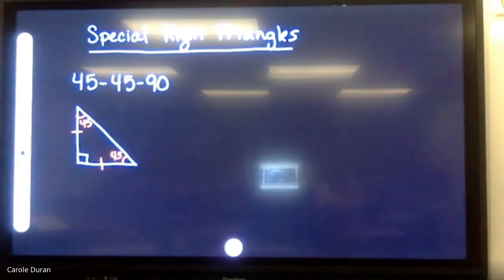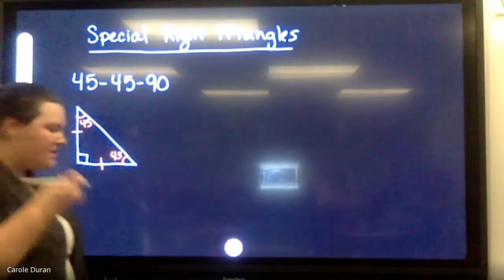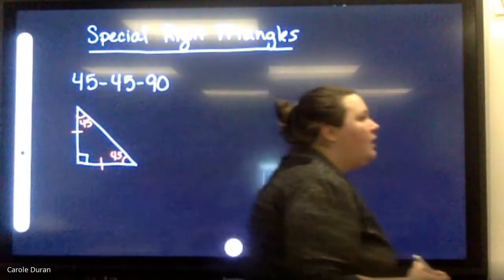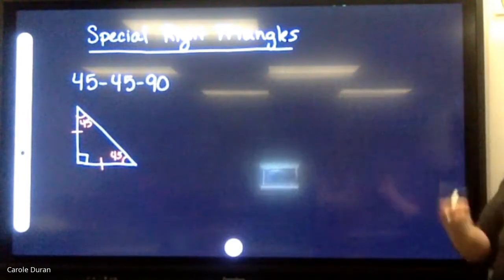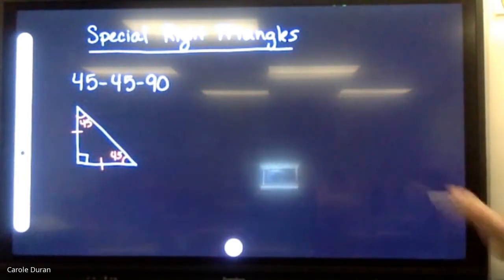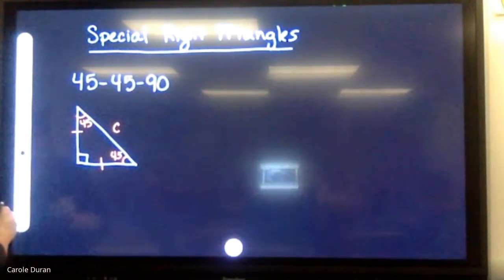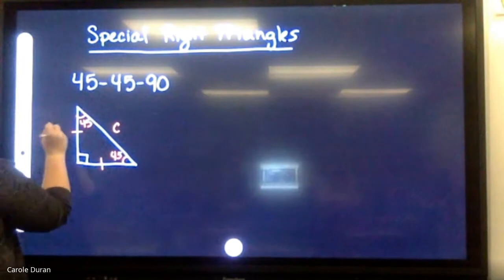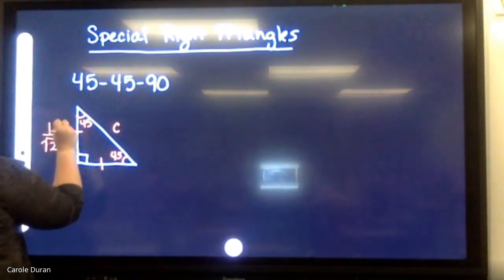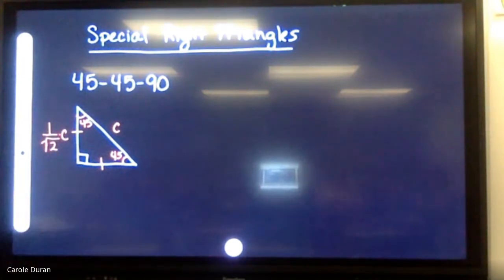What is special about this is that there is a very specific relationship between the length of those legs and the length of the hypotenuse. Assuming my hypotenuse is C, each of my legs is 1 over the square root of 2 times whatever that hypotenuse length is.